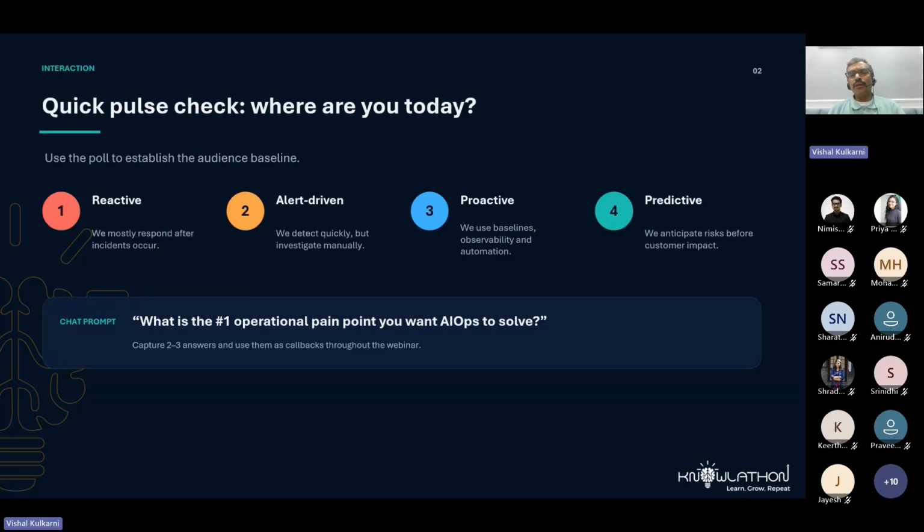Your organizations may be somewhere in the range of 1 to 3.